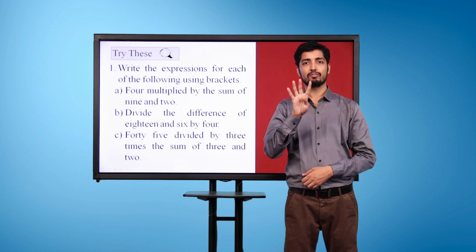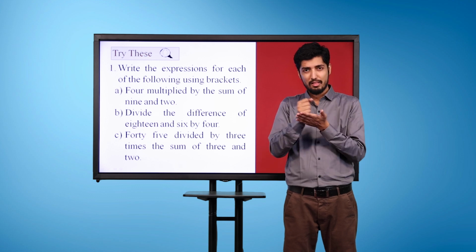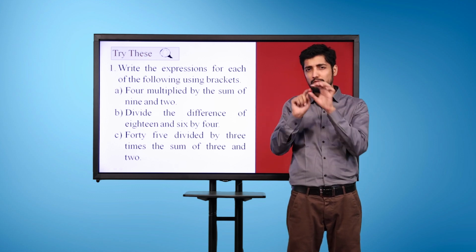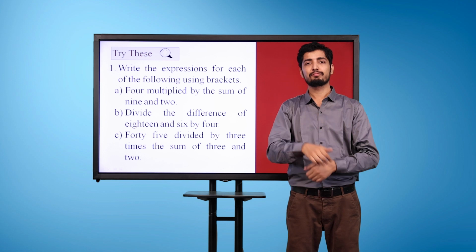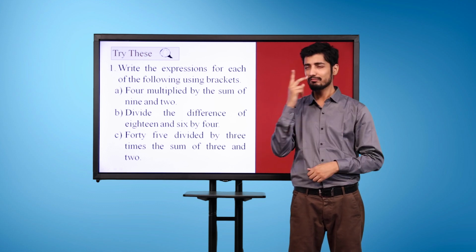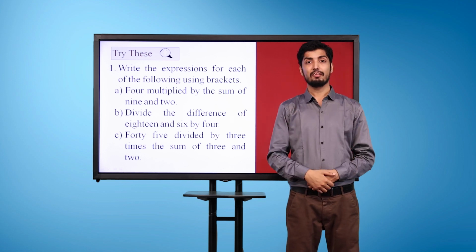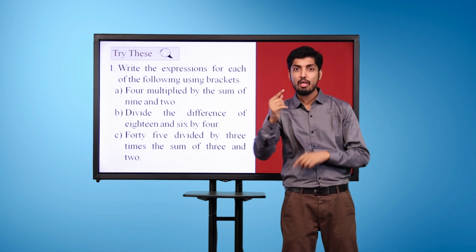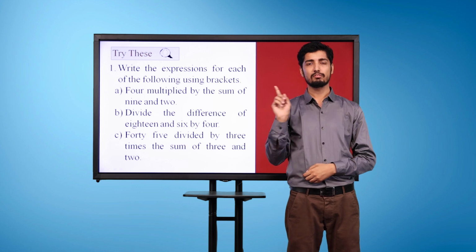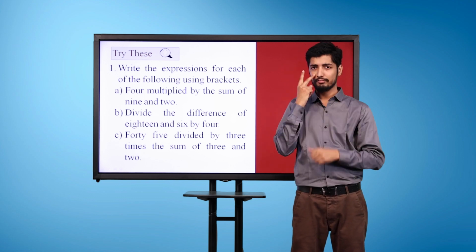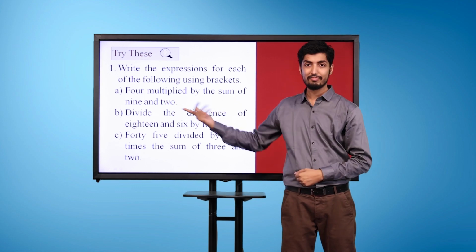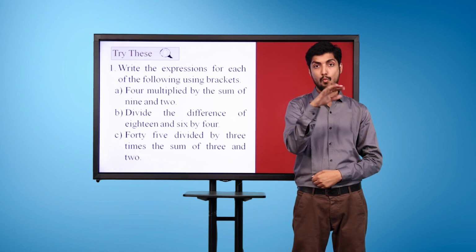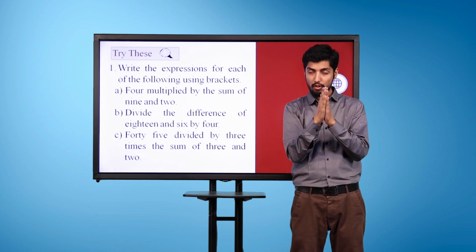Page 24. Try these. 1. Write the expressions for each of the following using brackets. A. 4 multiplied by the sum of 9 and 2.